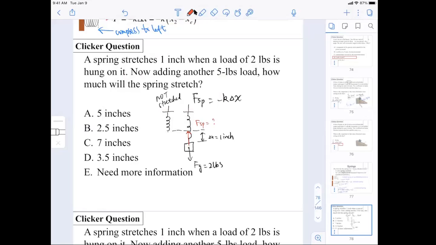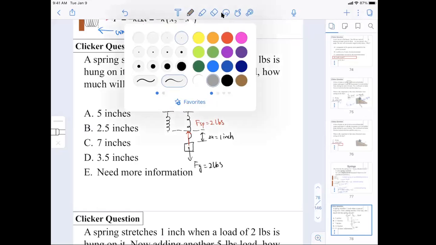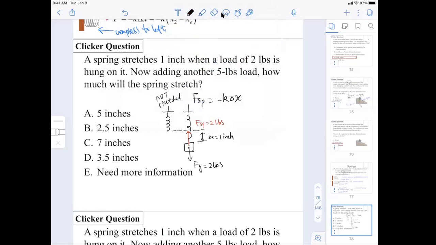It's going to cancel your weight, balance out the weight, and the weight is 2 pounds. So the spring force is going to be 2 pounds. Now you're putting a bigger weight, so it's going to be 7 pounds. And how much does it stretch?